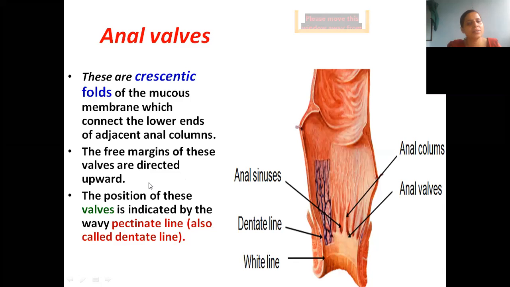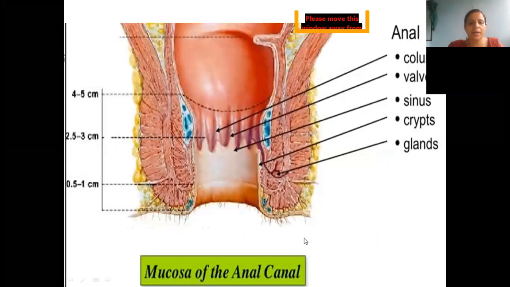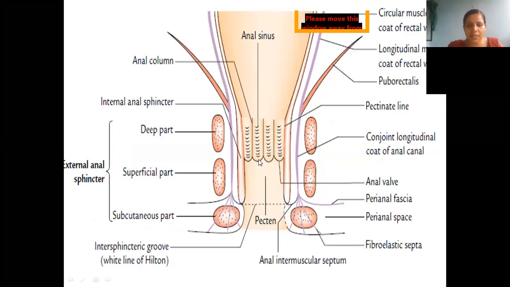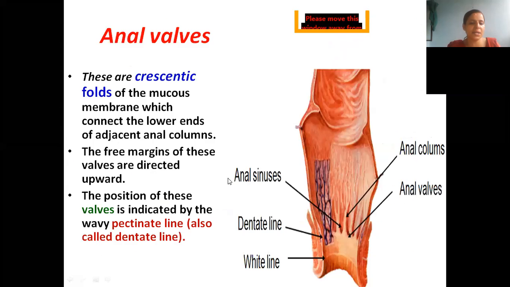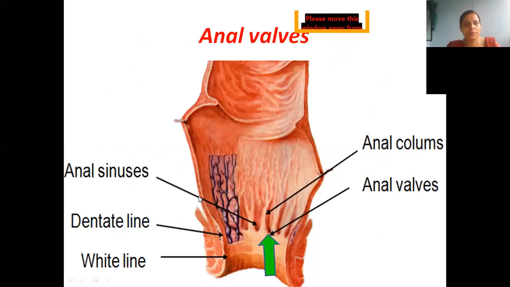The free margins of these valves are directed upwards. The position of these valves is indicated by a wavy pectinate line, also called the dentate line. Whatever wavy line you are finding here, formed by anal valves, you call it the pectinate line or the dentate line. These anal valves are directed towards the middle one third of the anal canal.